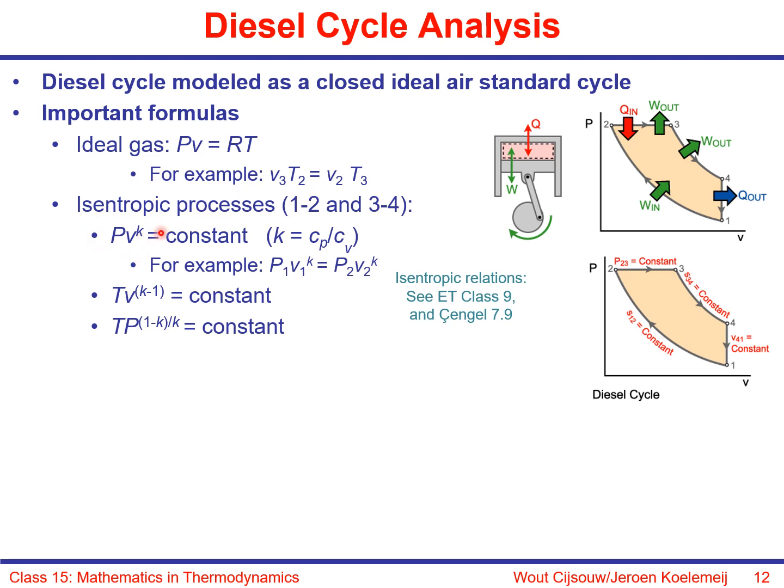So there's always this exponent involved, this k, and k is the ratio of Cp to Cv. We will use these a number of times, and also in the previous class in Wout's movie they were used, as you may remember.